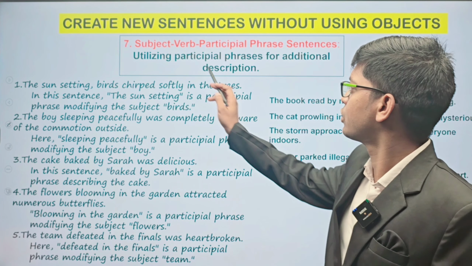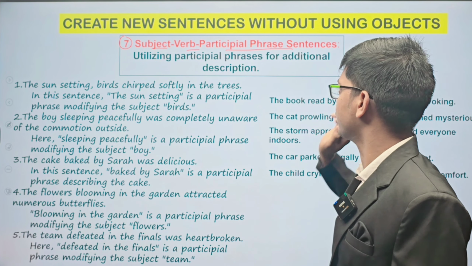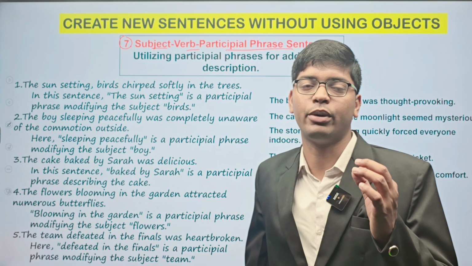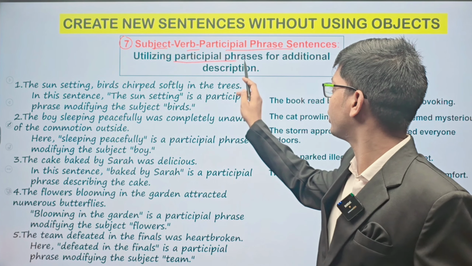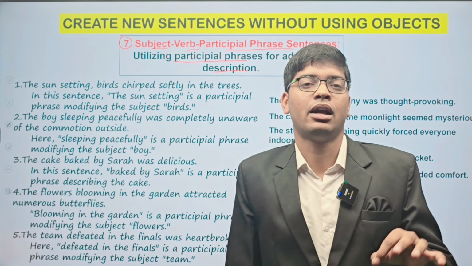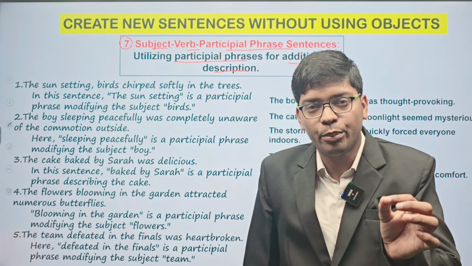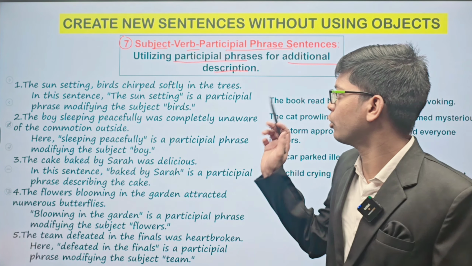Next is the seventh way: subject, verb, and participle phrases. Utilizing participle phrases for additional information or description.